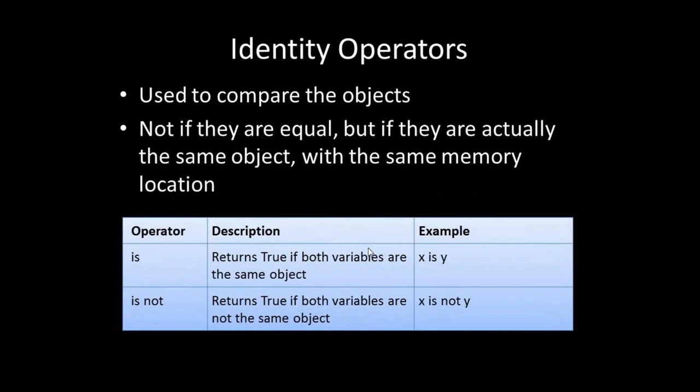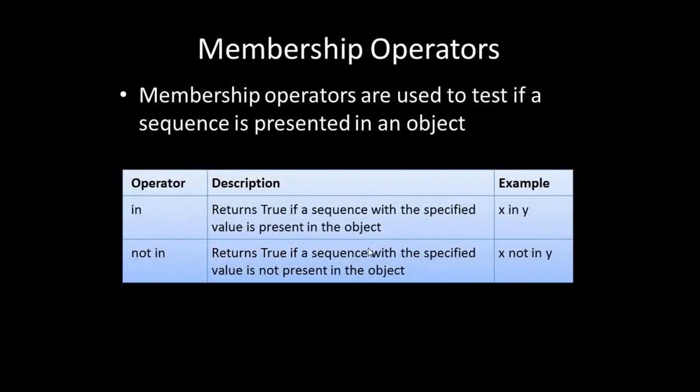So is returns true if both variables are the same object. Is not returns true if both variables are not the same object. Then membership operators. Membership operators are used to test if a sequence is present in an object.